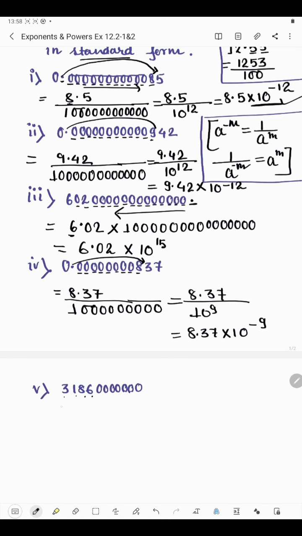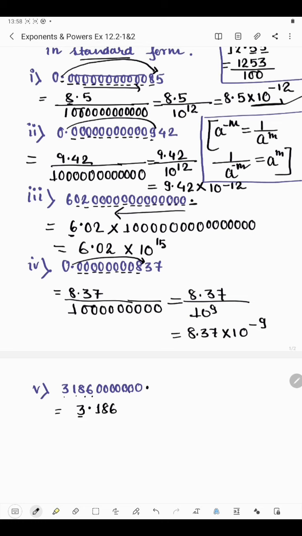Here at first we will put the decimal and then place it after one digit, right? So in 3 it will be 3.186. So we have kept the decimal in such a way that before the decimal there will be only one digit. Now if there is no decimal present in that number, then the decimal is at the end.